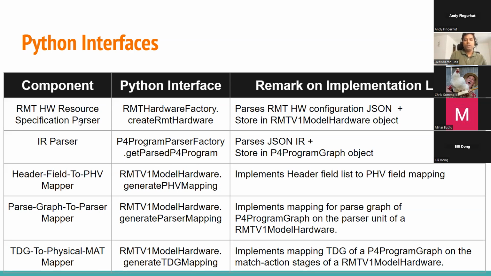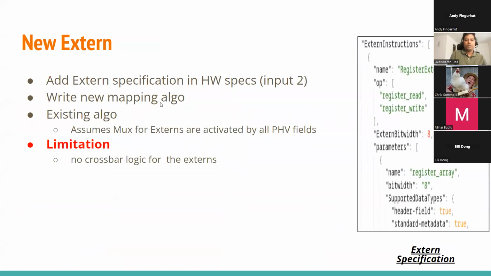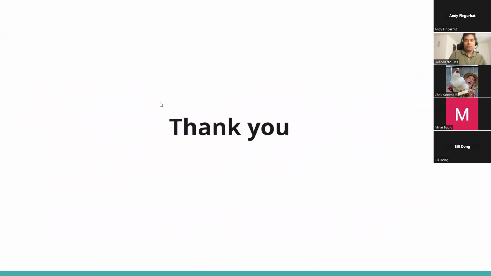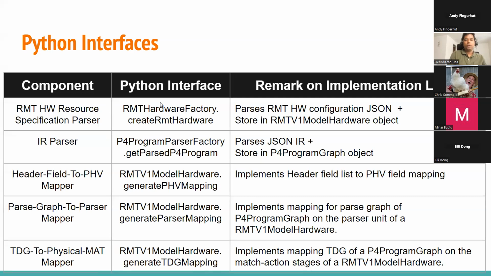In that case, you need to write a parser or extend the existing parser. This is the interface that will actually parse the hardware specification, and it will store it in this RMT V1Model hardware object. You can write any new object or interface for that part.